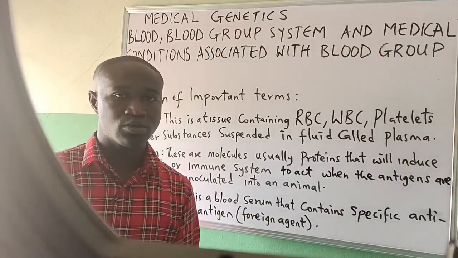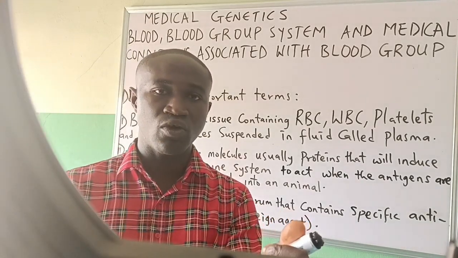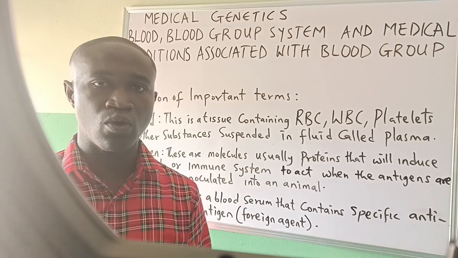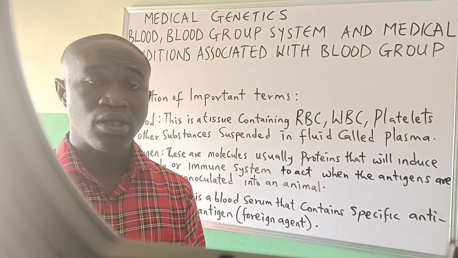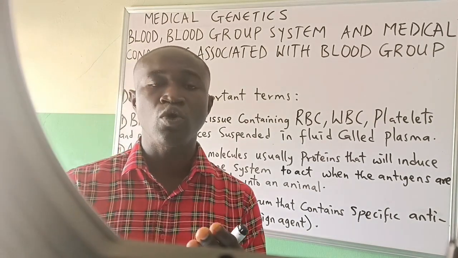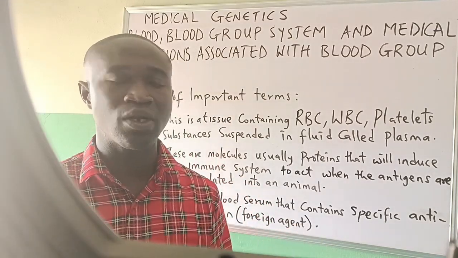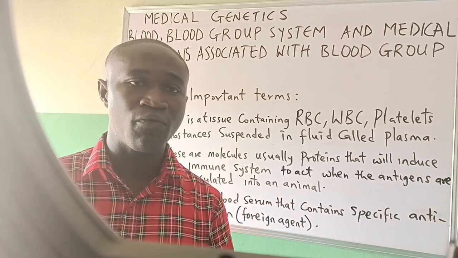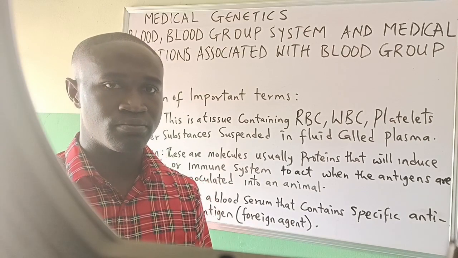For the blood, which is the first one, you watching the video may have many views, many things you know about blood. A lot of people define blood as a fluid which carries oxygen and other important nutrients around the body, and in turn carries carbon dioxide and other waste products away from the body.